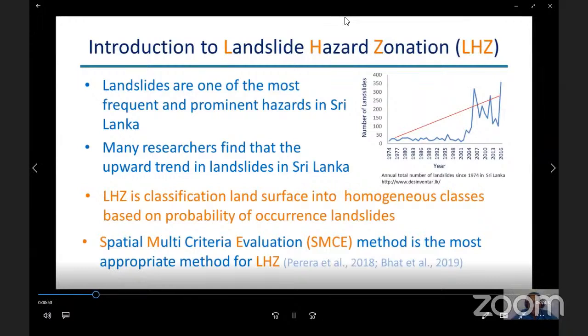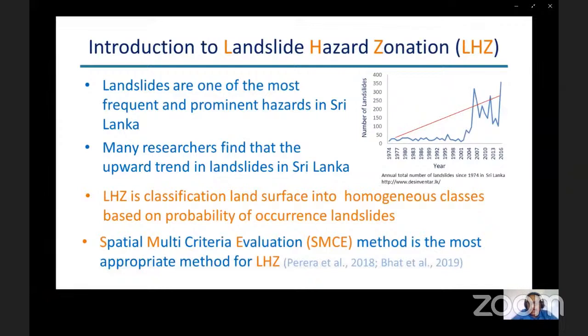Landslide hazard zonation is the classification of land surface into homogeneous classes based on the probability of occurrence of landslides. We can do this with spatial multi-criteria evaluation, where we can evaluate different criteria and their contribution to landslide hazards.